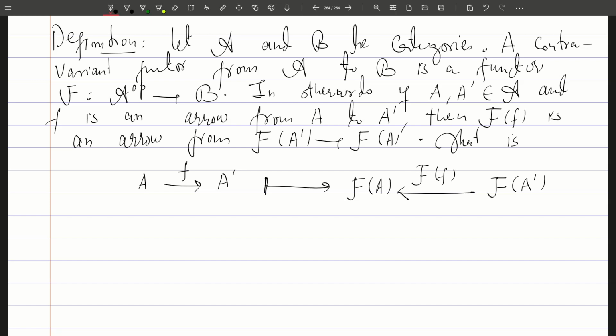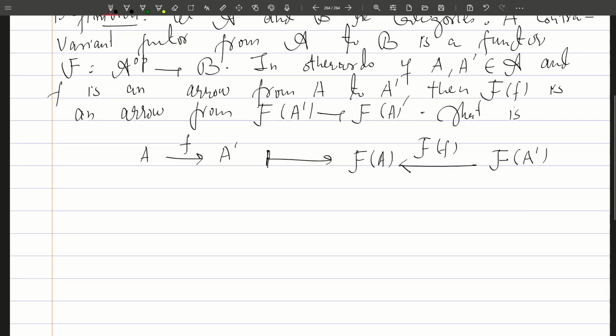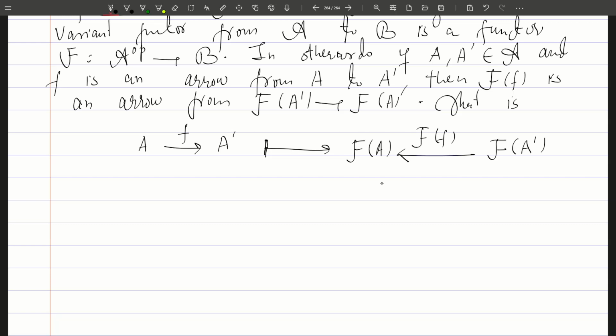And an ordinary functor from A to B is sometimes called a covariant functor from A to B. So one should also mention this here.